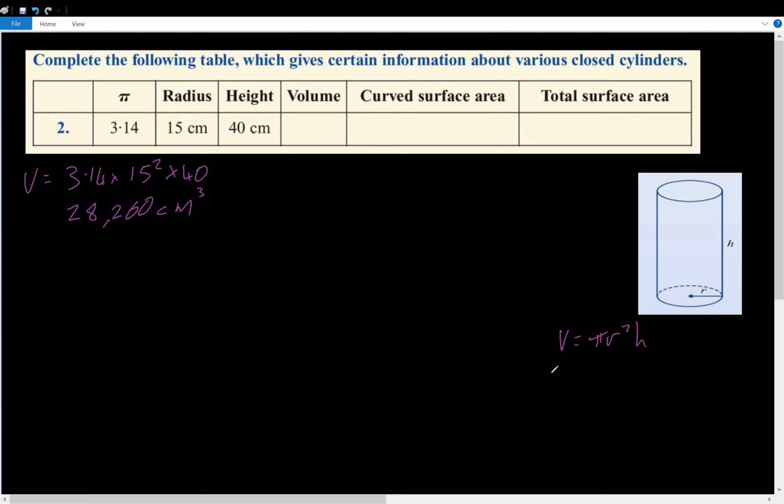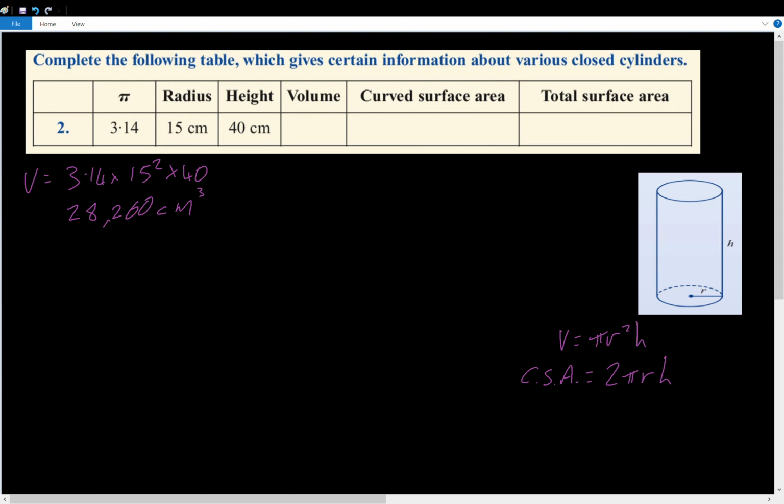So the way that we figured that out, our curved surface area is going to be equal to 2 pi r h. In other words, we get the circumference of one of the circular ends and we multiply it by the distance between the two circles. And that's how we get the curved surface area.